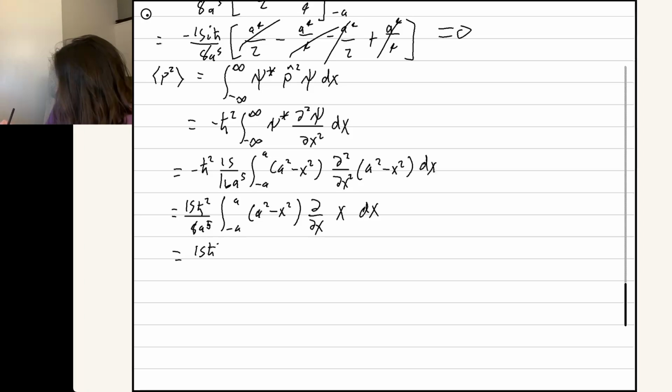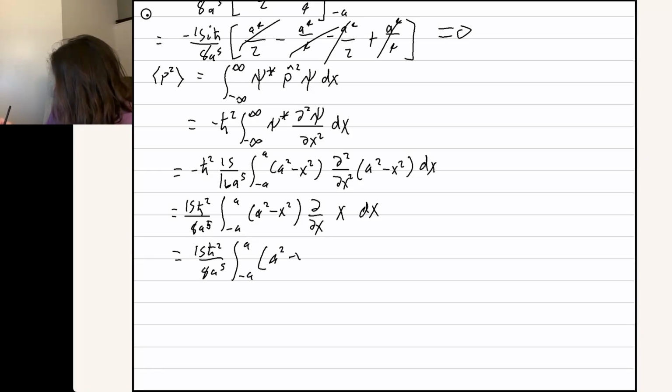So you're actually just taking the integral from minus a to a of a squared minus x squared, which looks like a squared x minus x cubed over 3 from minus a to a.